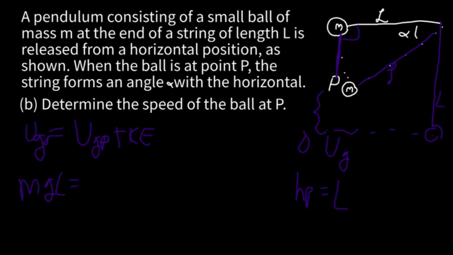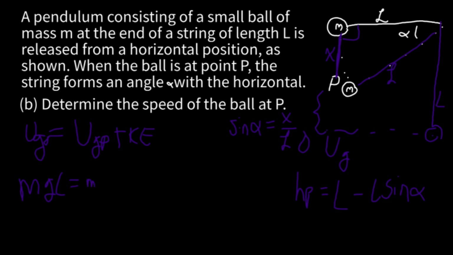This is L. We can use our sine function, sine of alpha equal to our opposite over our hypotenuse. Call that x. So it's going to be x over L. You can see that x equals L sine of alpha. And then we multiply that by mg.